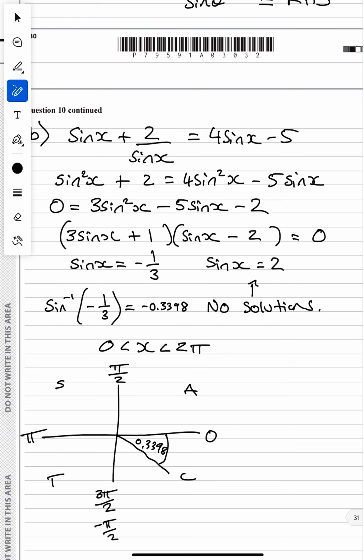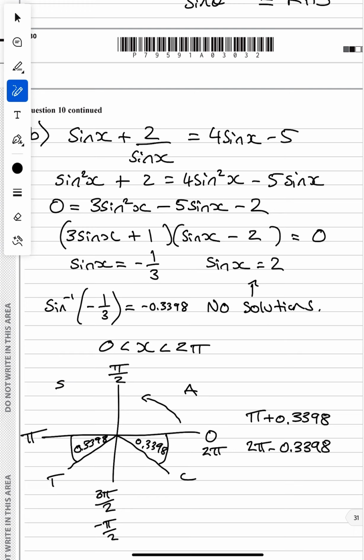So the other quadrant where sine is negative is here. So this is 0.3398. So if we start going around anti-clockwise, the first angle we get to is pi plus 0.3398. And the second one we're going to get to, this is 2 pi here, so 2 pi minus 0.3398.